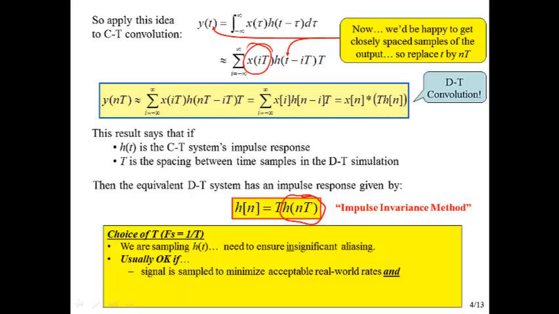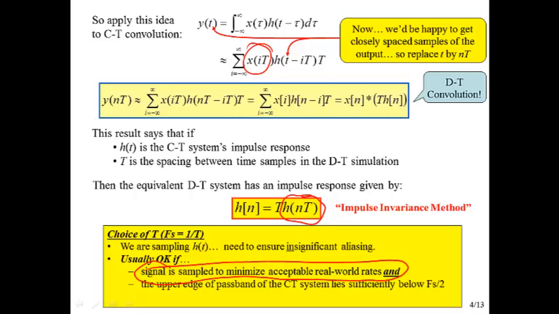Now it's usually okay if the system is some sort of low pass filter or maybe even a band pass filter, then all we really need to do is just look at the rate driven by what's appropriate for our signal. But we really should look at what is the upper edge of the pass band of this continuous time system and make sure that that upper edge of the pass band lies significantly below fs over 2.